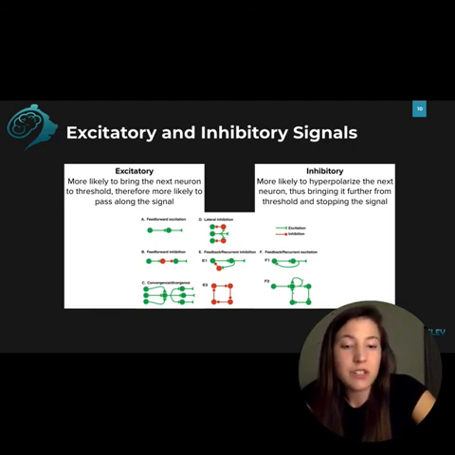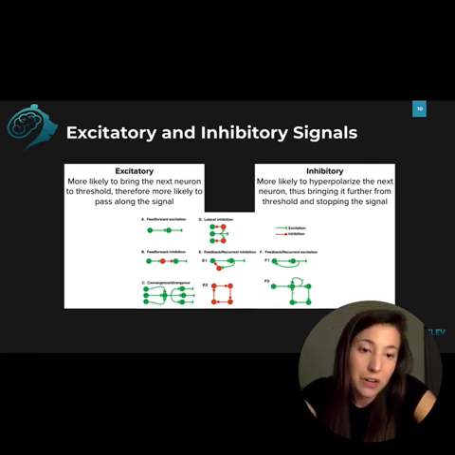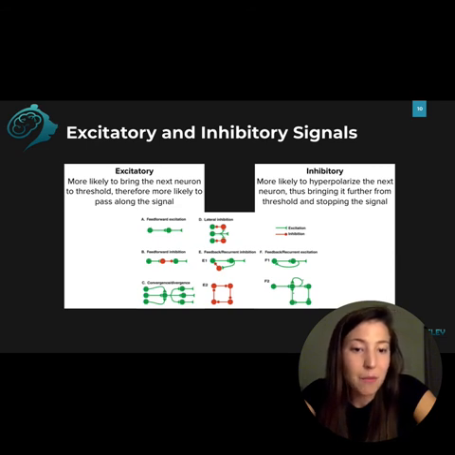This image here is just meant to show you the different ways that organization of excitatory and inhibitory neurons can act as feed-forward or feedback loops in order to enhance the complexity of the things that the brain can do.